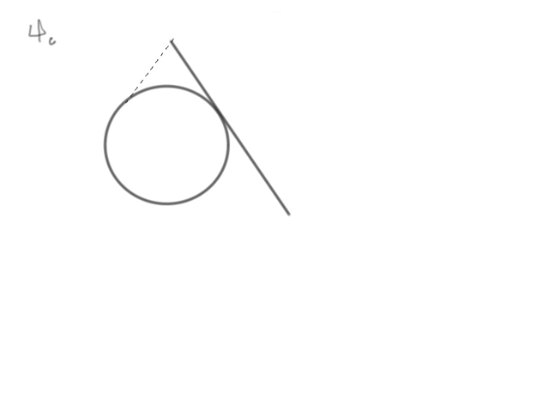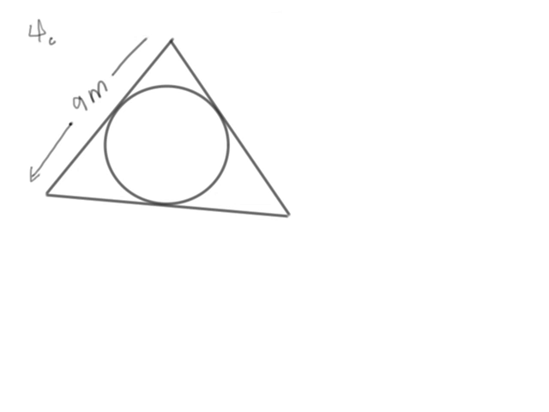Let's say we have a circle and it's got 3 tangent lines around it. Like this. The information that they give us is that this side over here is 9 meters.